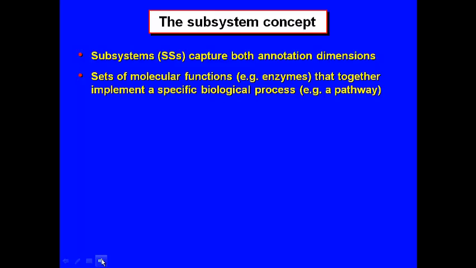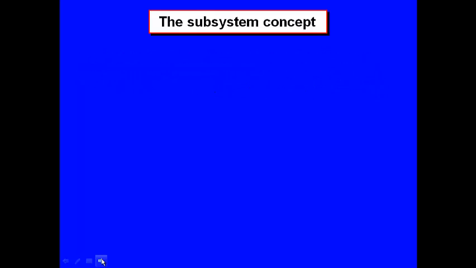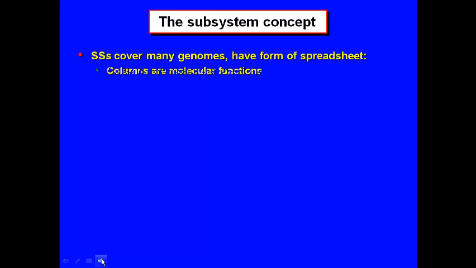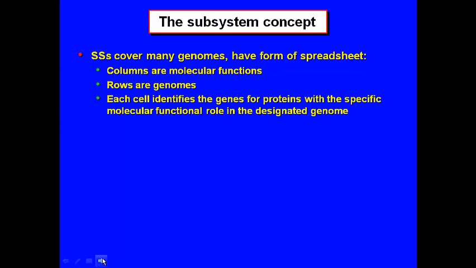So it's a group of functionally related entities, and they cover many genomes, and they have the form of a spreadsheet in which the columns are molecular functions, the rows are genomes, and each cell in the spreadsheet identifies the genes for proteins with the specific molecular function in that genome.